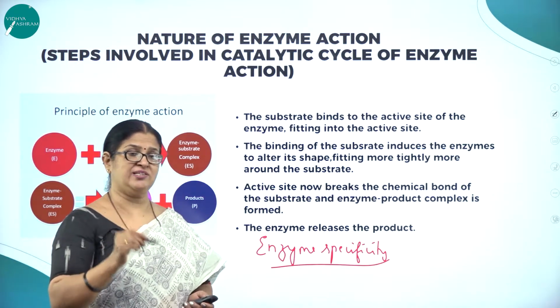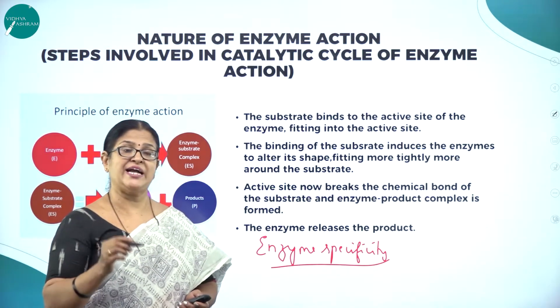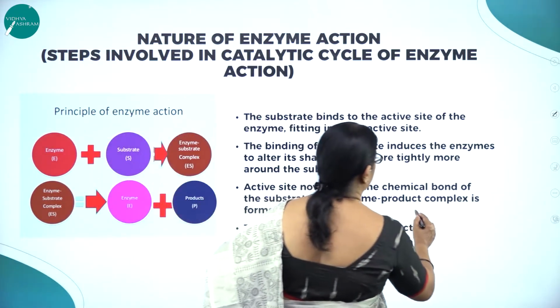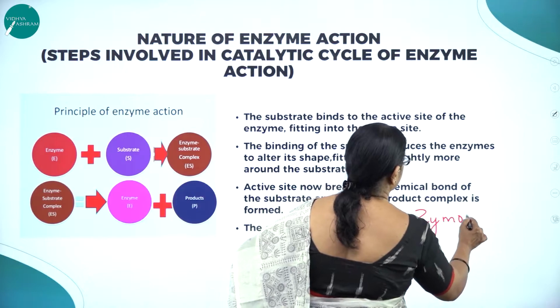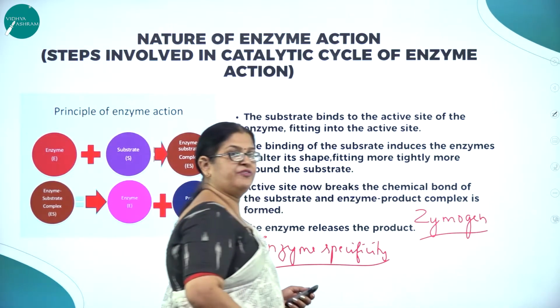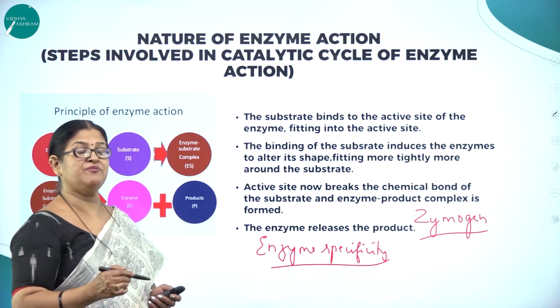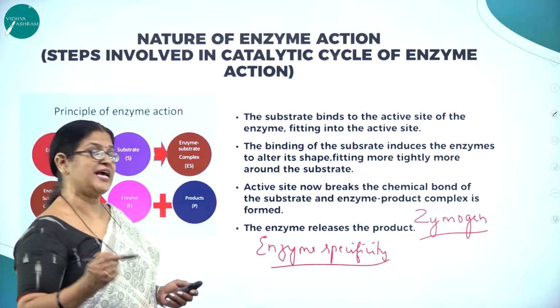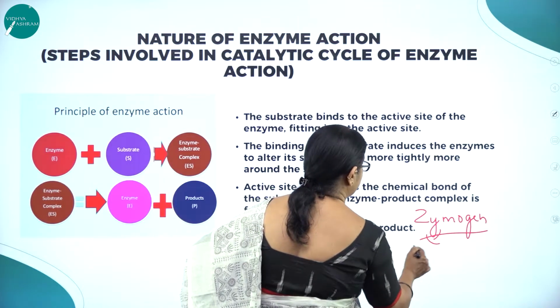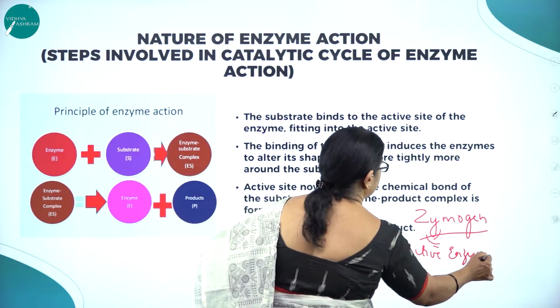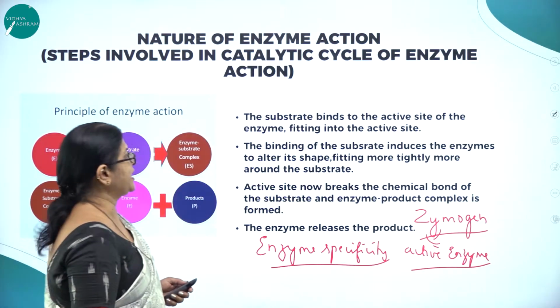This HCl will activate inactive pepsinogen, and inactive forms of enzymes are called zymogens. So this zymogen, which is an inactive enzyme, is activated into an active enzyme.